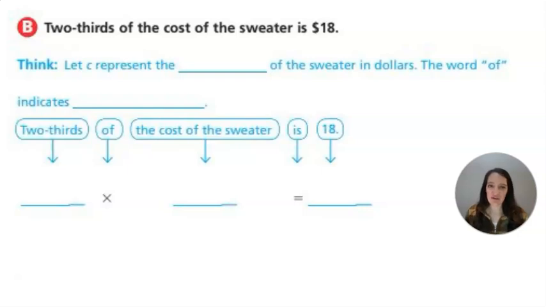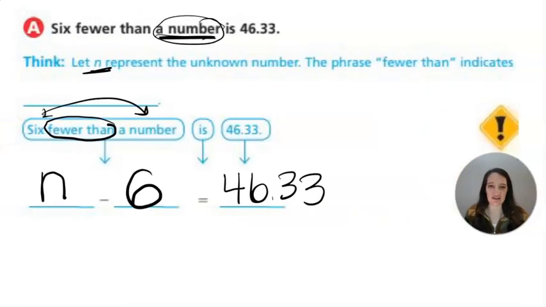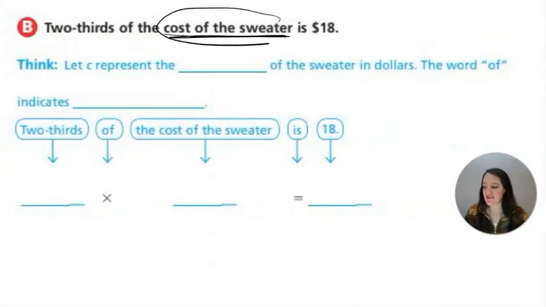So that is 6 fewer than a number. Okay, now what about 2/3 of the cost of a sweater is $18? We don't know the cost of a sweater, right? Here it just said a number that we didn't know, but in this one it gives us the cost of a sweater, which we don't know. So I'm going to use C as the cost of the sweater. Okay, C is cost. Now of indicates times.